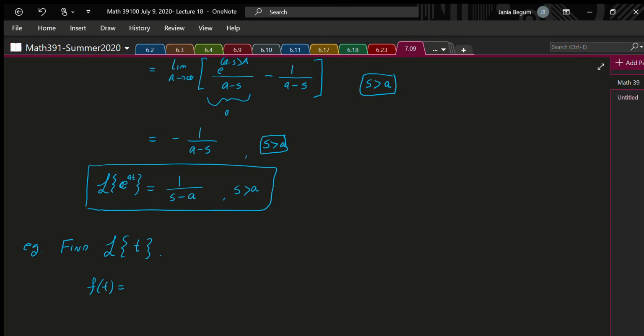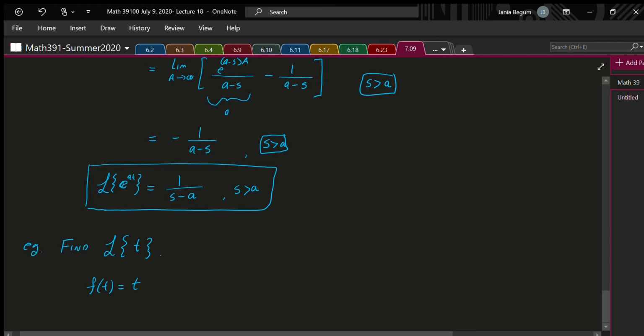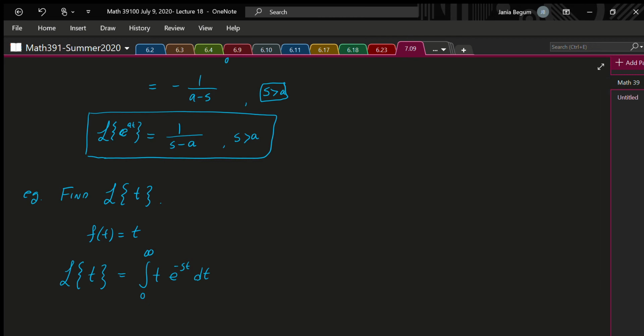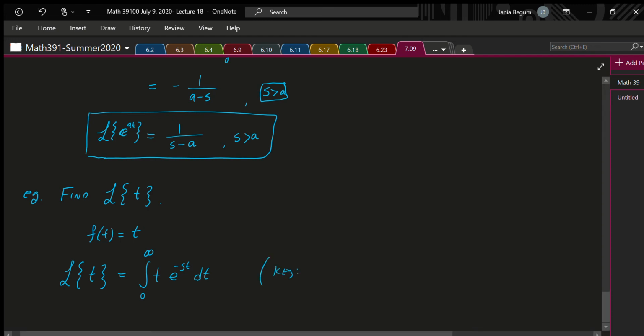So what do we want? Well, we want f of t is t. If you use the definition, the Laplace transform of the function t is going to be the integral from 0 to infinity of f of t, which is t, times e to the negative st dt. So the question is, how would you compute this integral? Right, the key here is to do integration by parts.